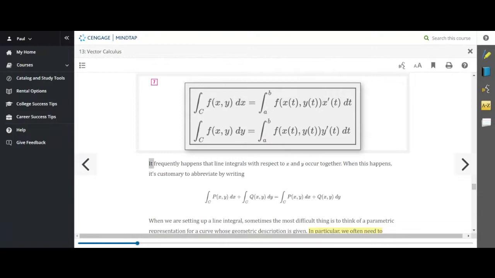So notice the square root is gone, right? The square root's gone. Now, why would that be? Let me show you why. Let's do the line integral with respect to x, the top formula.